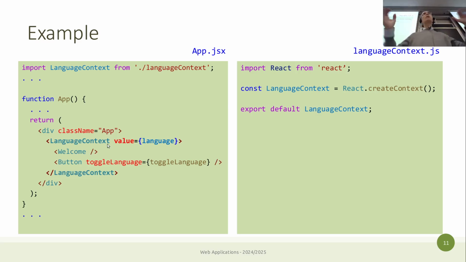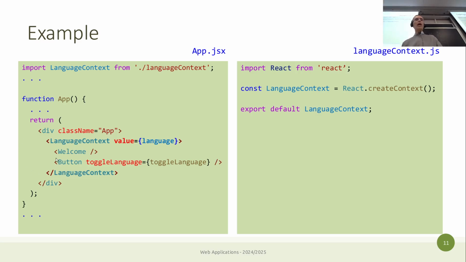Okay, JSX just doesn't render in the DOM because it's not an HTML element. It's just an element of React. Here you pass a value attribute with the value that you would like to pass to all the components where you would like to consume this value.